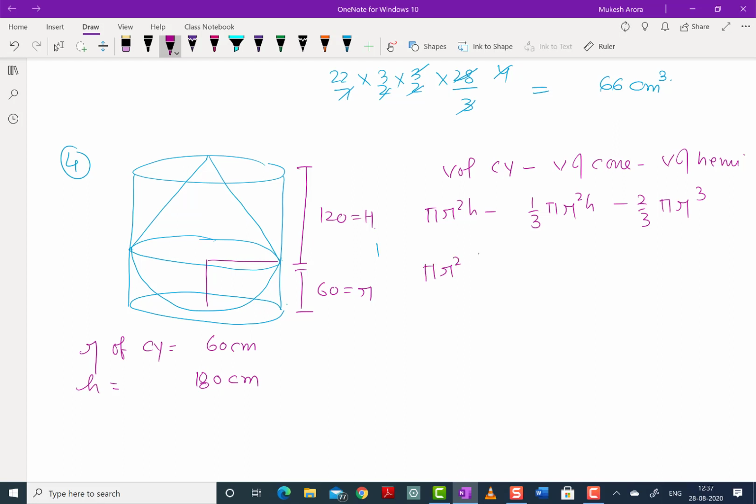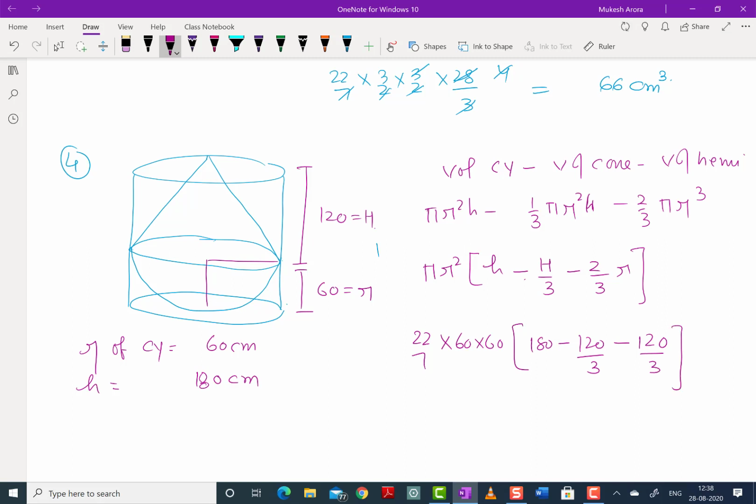Pi r square is common, h minus h by 3 minus 2 by 3 r. 22 by 7, radius is 60 into 60, h of cylinder is 180 minus cone 120 minus hemisphere 2 into 60, again 120.